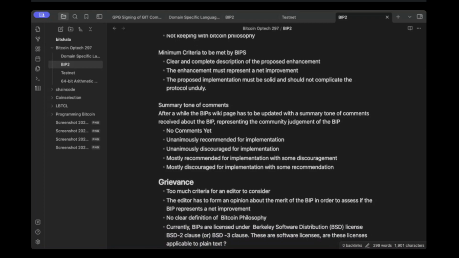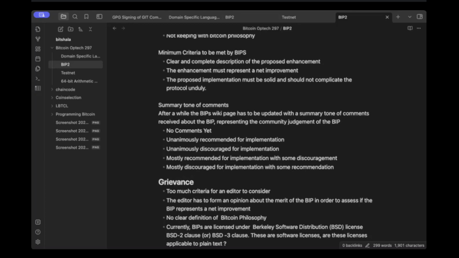So after a while, when your BIP is looked at by many developers, generally you get a sense of where this BIP is going. So based on that, the editor has to classify the comments that the BIP has received into one of these 4 or 5 categories.